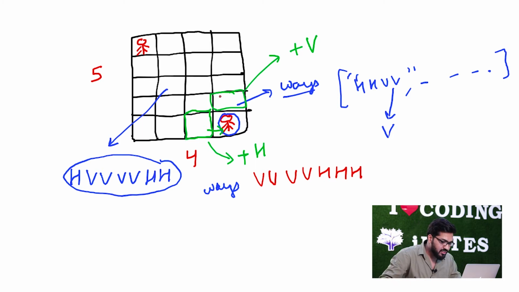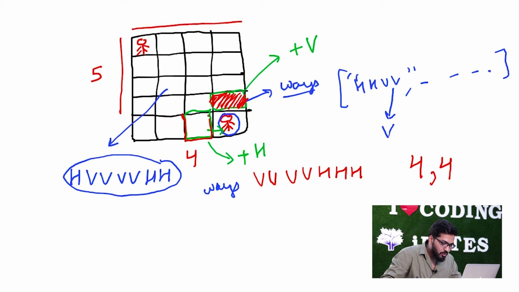So to find for this particular box, we will have to pass 4 rows and 4 columns, right? Because till here we have 4 rows and all the 4 columns. For this particular box, we will have to find for 5 rows and 3 columns, right?